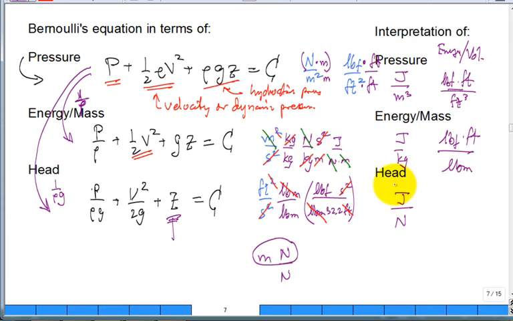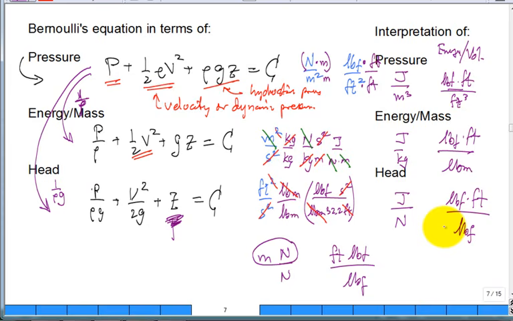Okay, let's do it over here for the United States Customary System units. What would be Z? It would be feet. Just multiply pound force divided by pound force. So we got a pound force times a foot. That's a great unit of energy per pound force, a great unit of weight. So when you look at Bernoulli's, you could write it 3 ways.